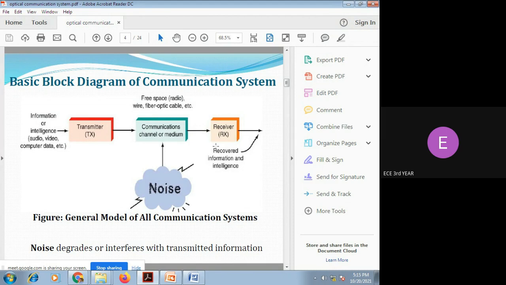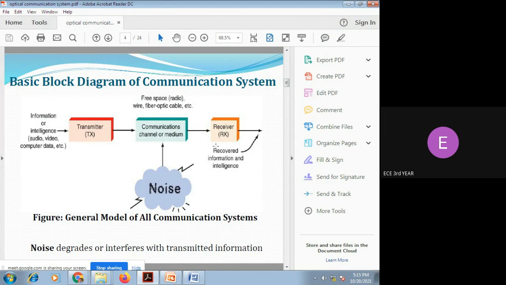After that, the noise is also sent to the receiver. The receiver will receive both the original signal and the noise signal in combined manner. So the main task of the receiver is to receive the signal from the channel and also remove the noise signal.